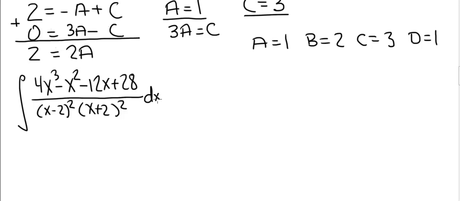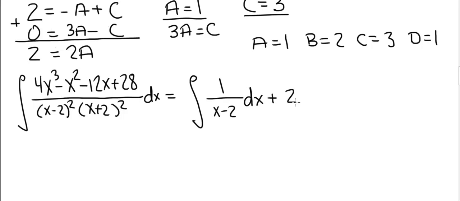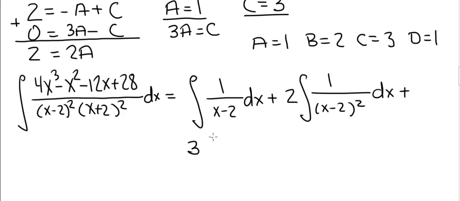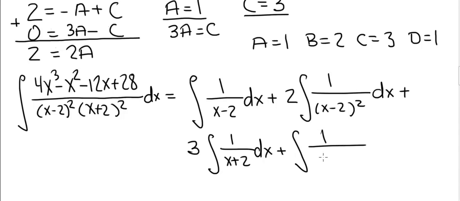And that was equal to a, which is 1, times the integral of 1 divided by x minus 2, plus b, that's 2, times the integral of 1 divided by x minus 2 squared, plus c, that's 3, times the integral of 1 divided by x plus 2, plus d, that's 1, times the integral of 1 divided by x plus 2 squared. Now these are all very easy integrals.